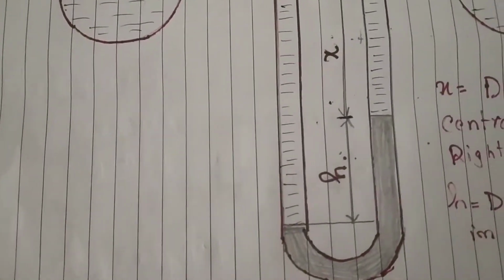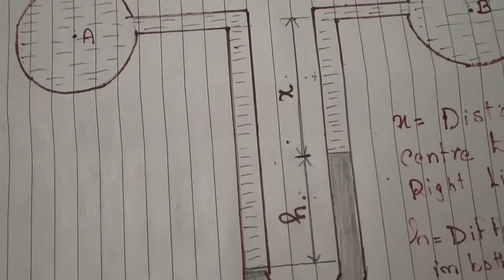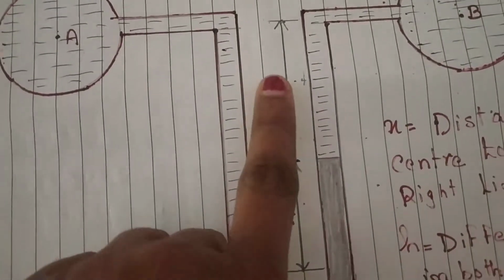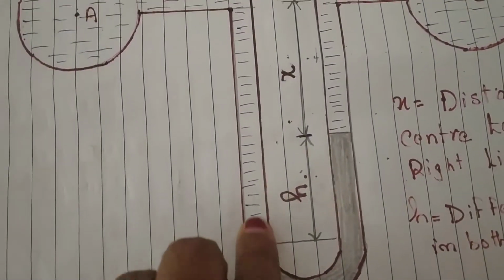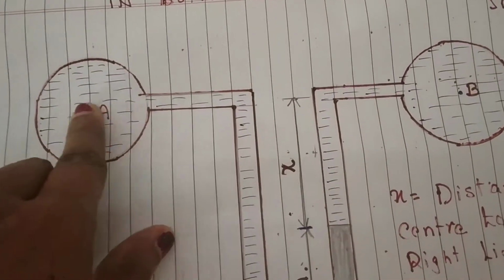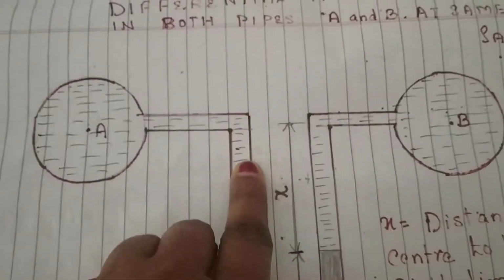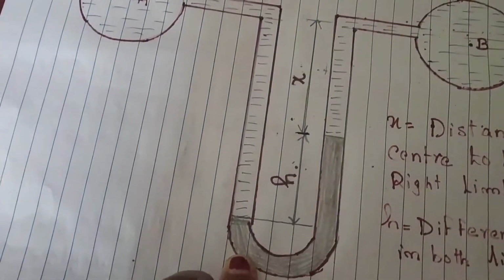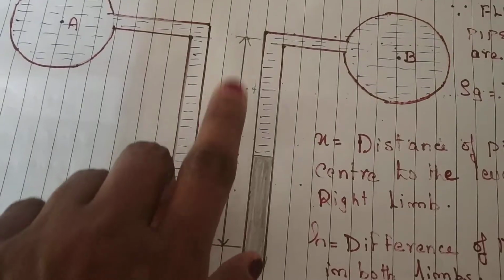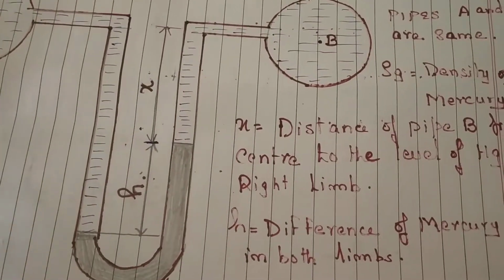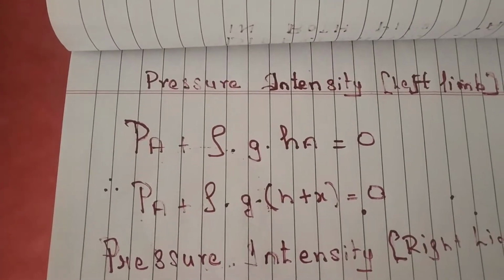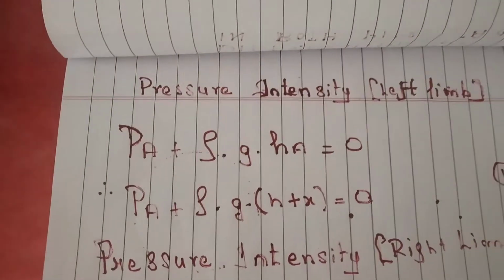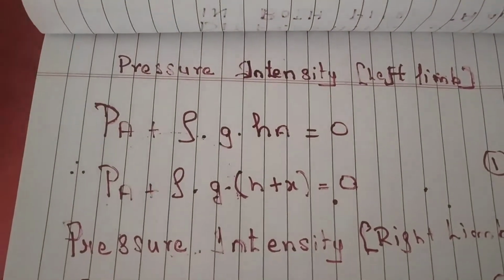The height of the liquid from pipe A in the left limb is h plus x. So I have PA plus rho g into (h plus x).